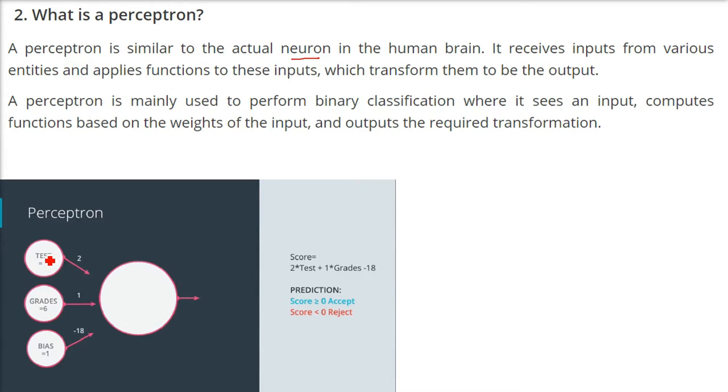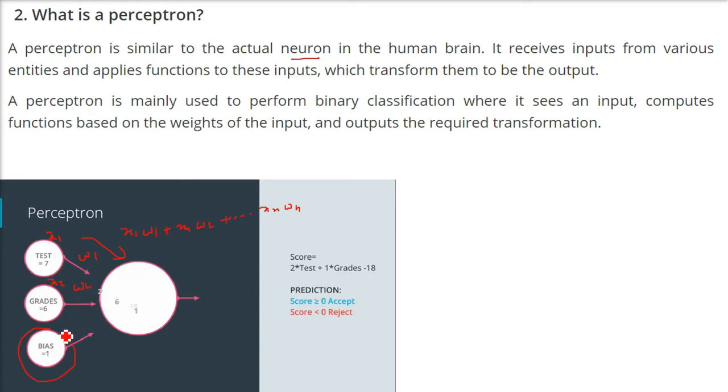A single neuron is getting some input. The inputs are x1, and the weight is w1. Weights are simply the importance given to x1 or x2. We multiply x1 and w1, x2 and w2, till xn wn, and then you send it to the neuron.